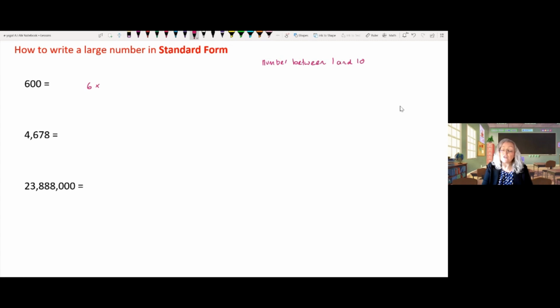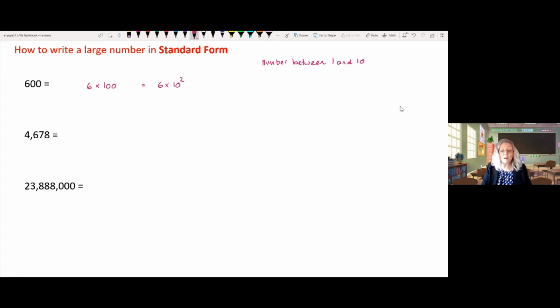To get to 600, you'd multiply 6 by 100. But we can write 100 as 10 squared. So I can rewrite this as 6 multiplied by 10 squared. I now have a number between 1 and 10, that's the 6, and I'm multiplying it by a power of 10. So 6 multiplied by 10 squared would be 600 in standard form.